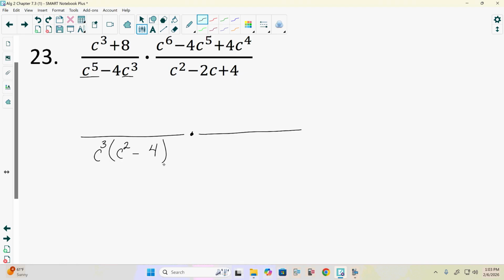Also notice the numerator of the second rational expression has a greatest common factor of c to the 4th, yes? Which is going to leave us with c squared minus 4c plus 4.